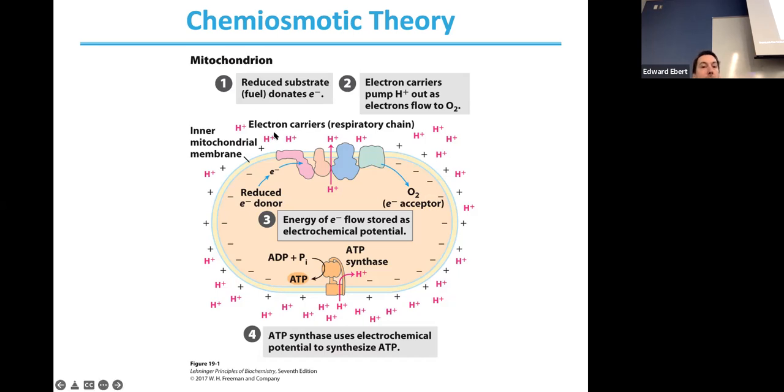We also see that we're pumping protons, so they're positive charges, so that intermembrane space is going to be positively charged, and our matrix is going to be negatively charged. So we have an electrical component. We want the positive charges to flow down there as well. So there are 2 factors that want those protons to flow back in: a chemical gradient and an electric potential. Both of those together give us an electrochemical gradient. So they really want to flow in.